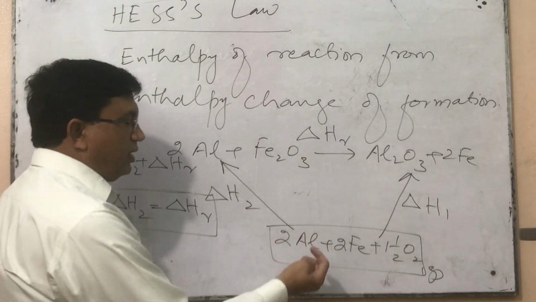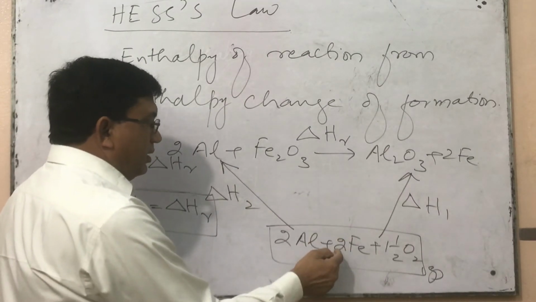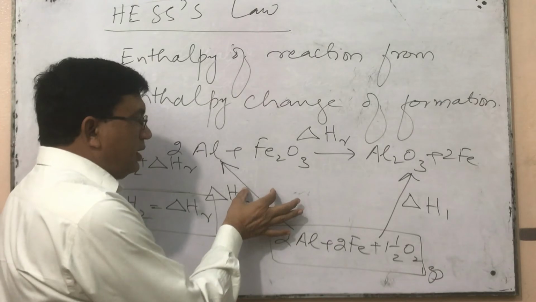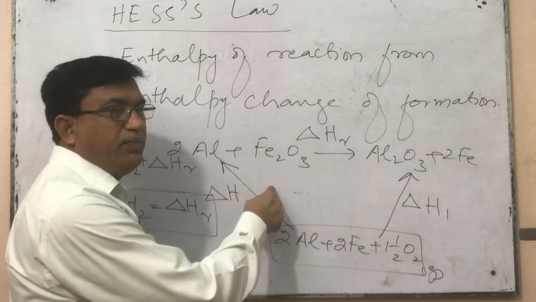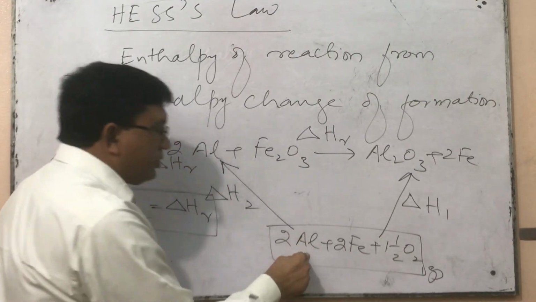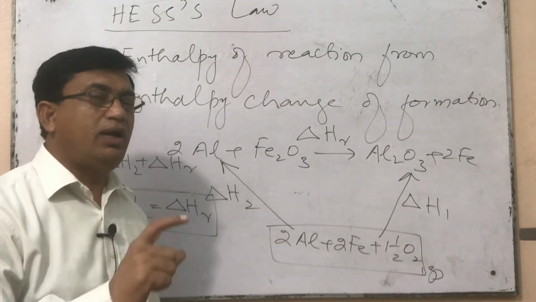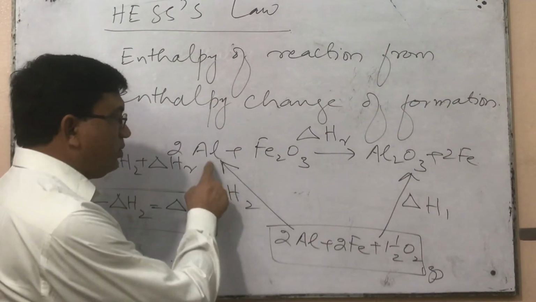Now, look at this same example. If we have the formula of formation of Fe2O3, definitely we will write down the delta H naught f of Fe2O3 here, and the enthalpy change of formation of an element is always considered equal to 0.